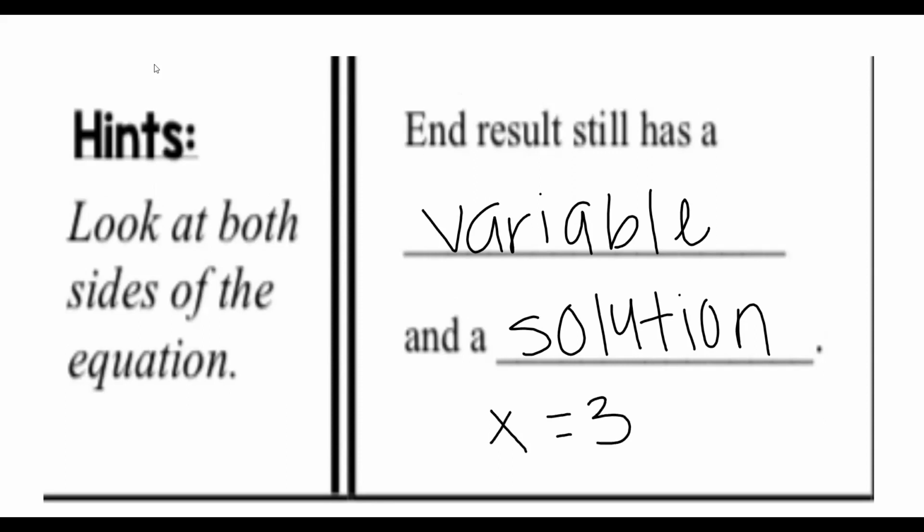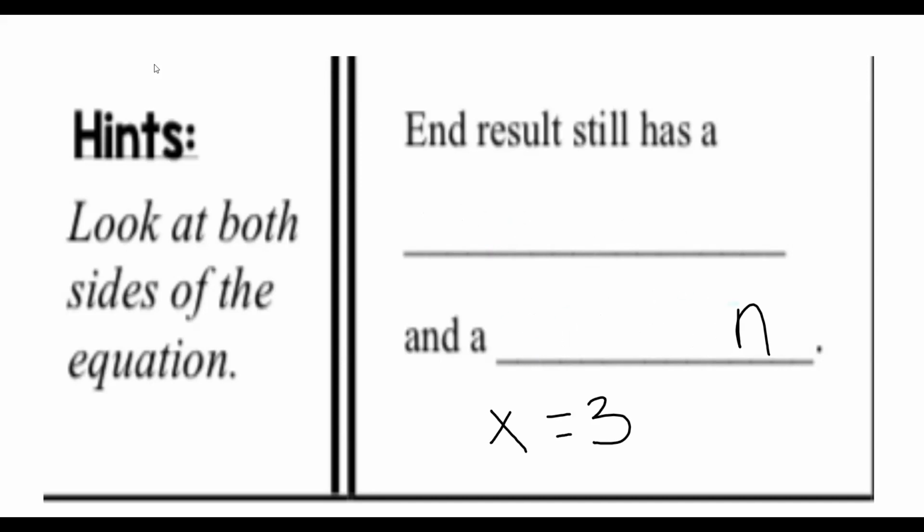It was one solution. So we see a variable and a solution. That's how we know that it is one solution. I'm only erasing so it does not continue to the next slide. Do not erase your paper.